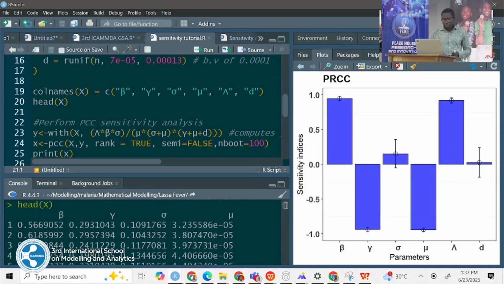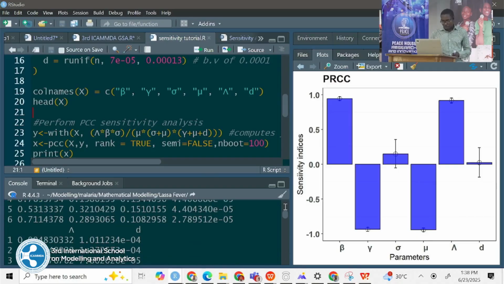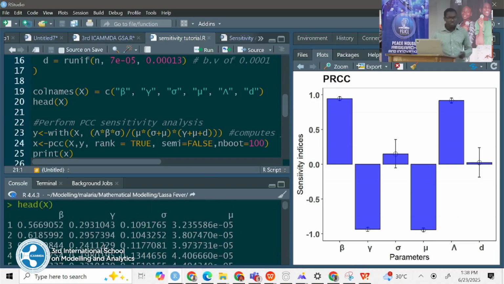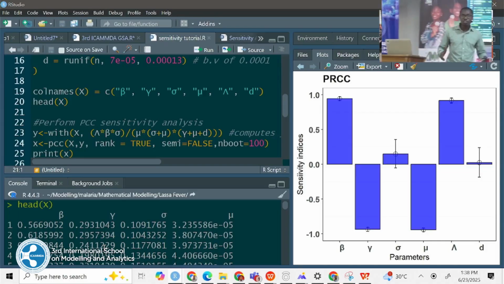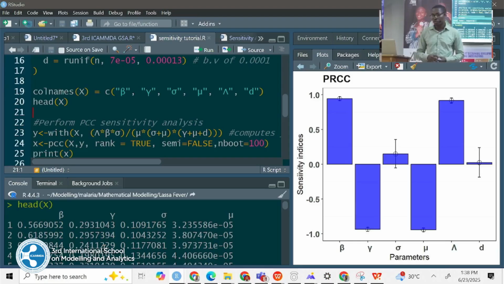How many simulations did we put initially? 100, but the head will give us the first 6 values. So for beta, we can see that these are the range of values of parameters for beta: 0.566, 0.6, up to 100. But the more the number of simulations, the more accurate your results.